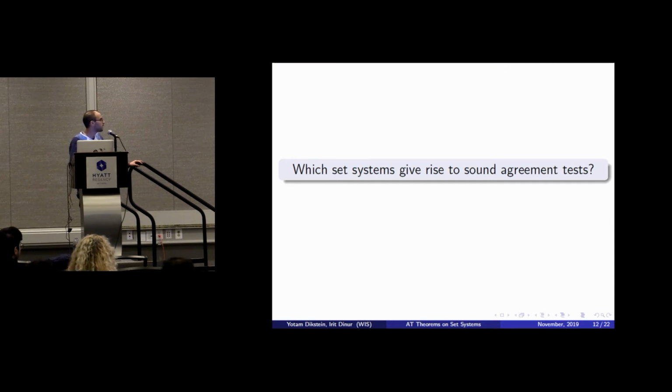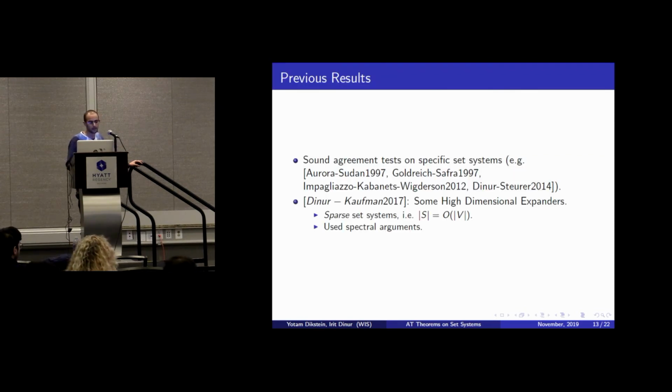So I want to get back to the question, which set systems actually give rise to sound agreement tests? Here I think is a good place to mention some previous results. A lot of previous results actually took a specific set system or a specific family of set systems and proved ad hoc that they admit sound agreement tests.